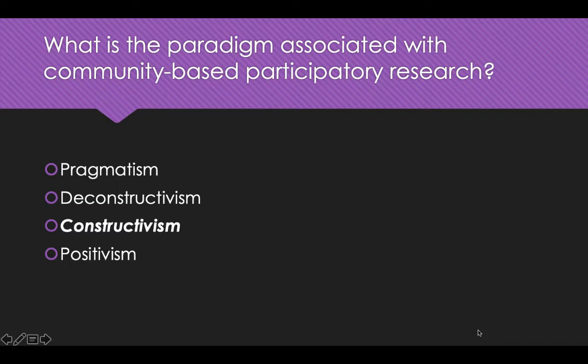But when we're talking about community-based participatory research, the paradigm associated is constructivism. I think I mentioned this last week when I talked about this type of research. So let's say I want to do research on runners. I'm a member of a couple of running groups, Marathon Maniacs and the Half Fanatics, and they're worldwide groups. So we have people all across the world, and all different types of people: different fitness levels, different socioeconomic status, obviously different geographic areas.